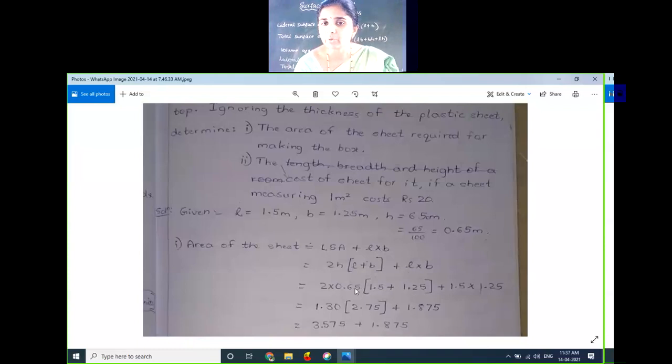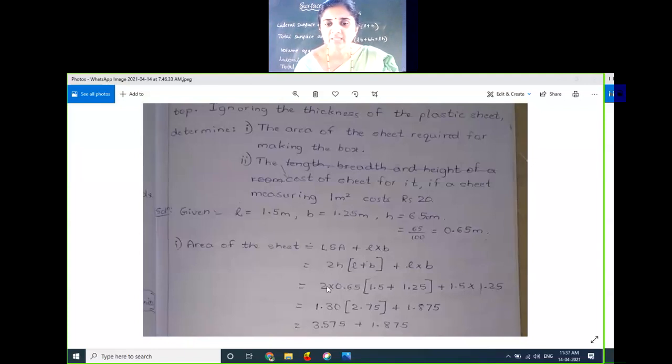Now we just have to substitute the values and simplify. 2 into h, which is 0.65 meter, into (l is 1.5 plus b is 1.25), plus l, which is 1.5, into b, which is 1.25.